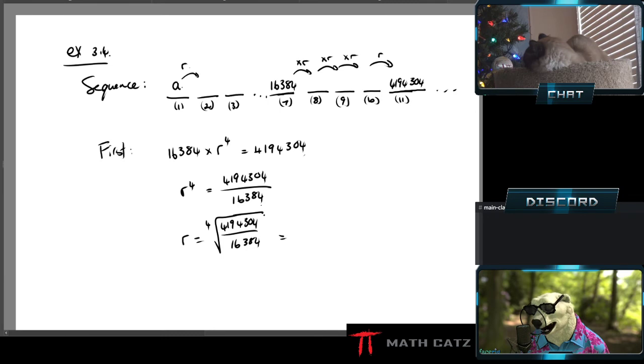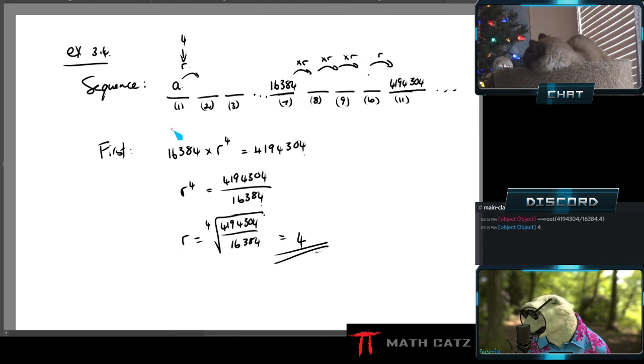Sometimes it's a second function, but it is there. 4194304 divided by 16384, the fourth root. Now, MathBot requires that I type it like this, but your calculator might be different. So the ratio is 4.